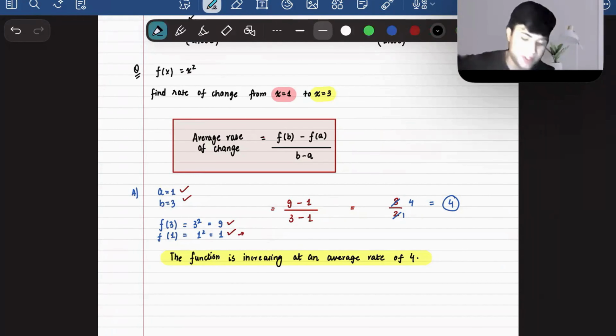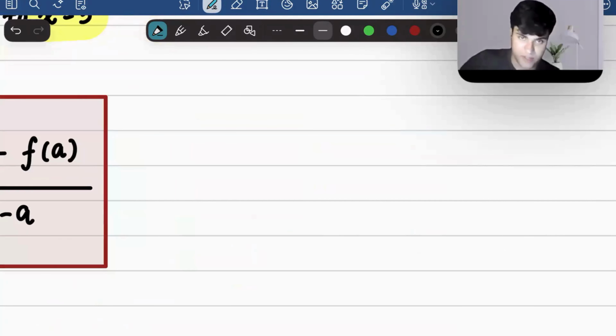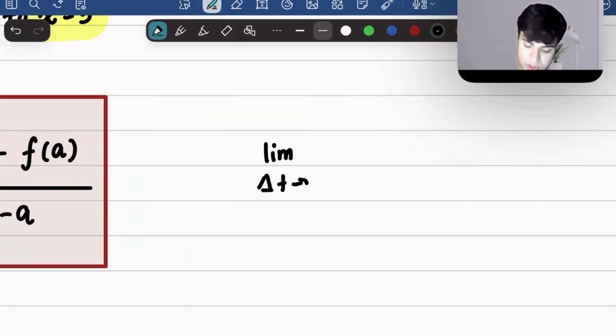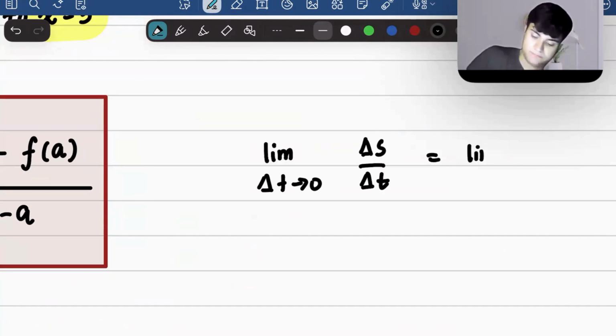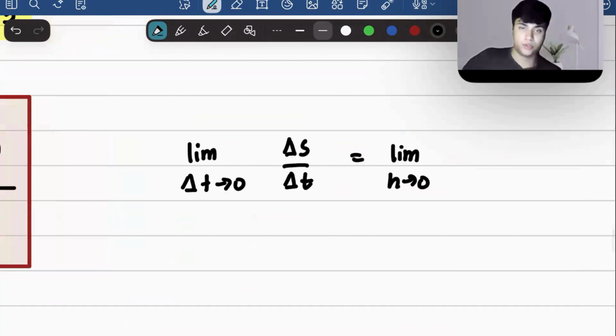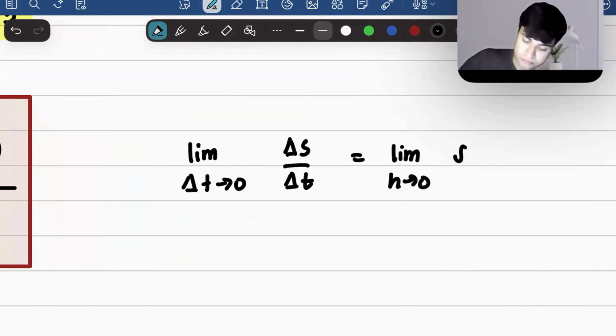Now you might be looking at some other formulas in your textbooks and you're like, hey, I see a very different formula there. It's something very weird, with a limit.